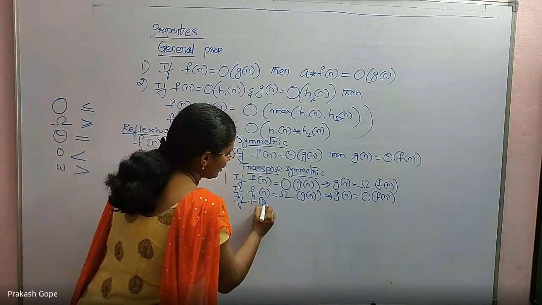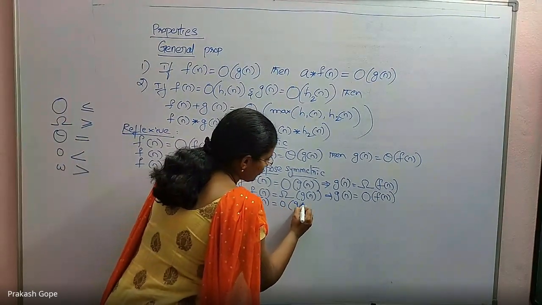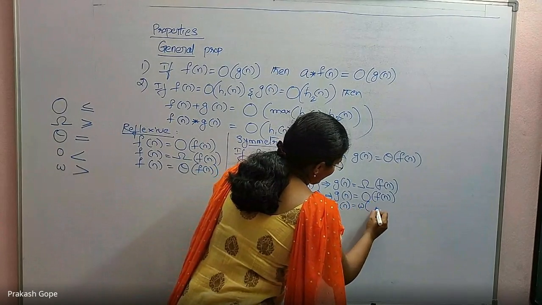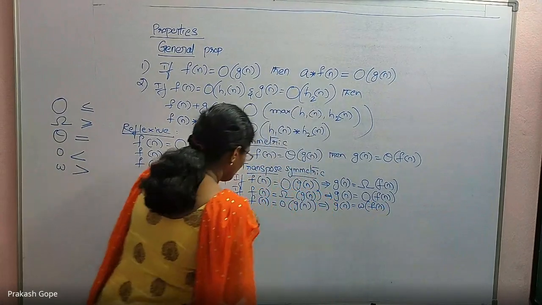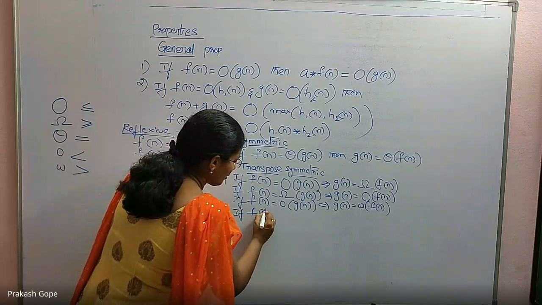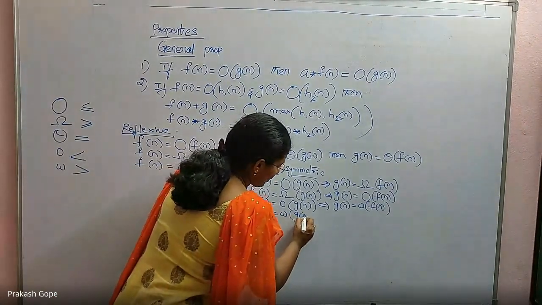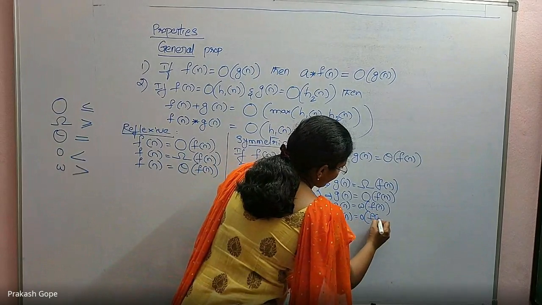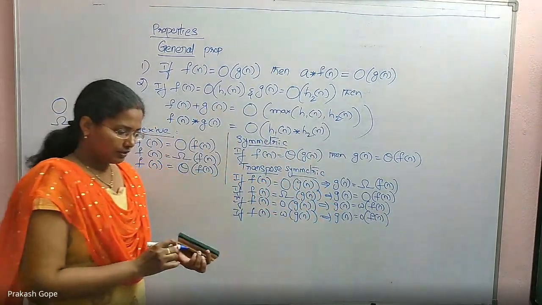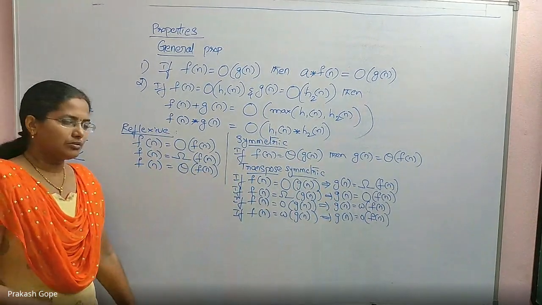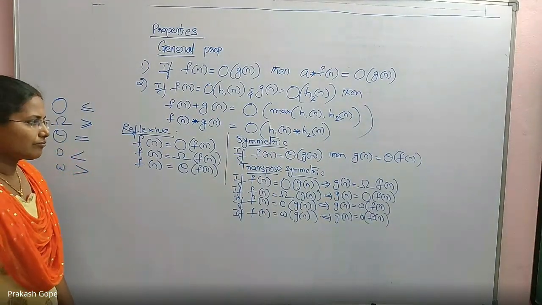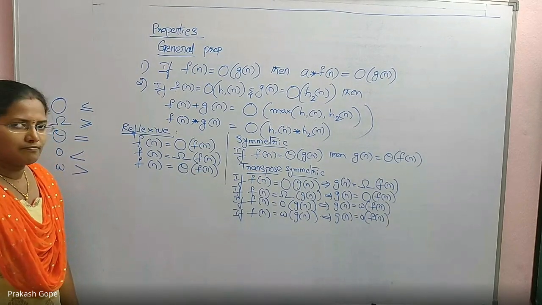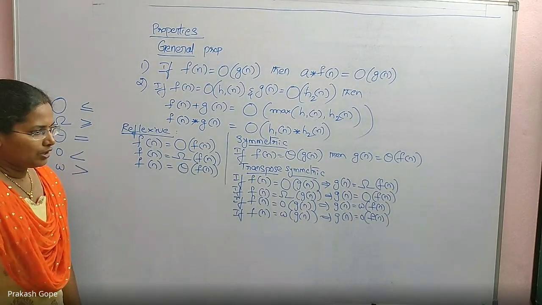Similarly for little o and little omega: if f(n) is equal to little o of g(n), it implies g(n) is equal to little omega of f(n). Similarly, if f(n) is equal to little omega of g(n), it implies g(n) is equal to little o of f(n). All the properties are clear till now. Transitive is still pending.